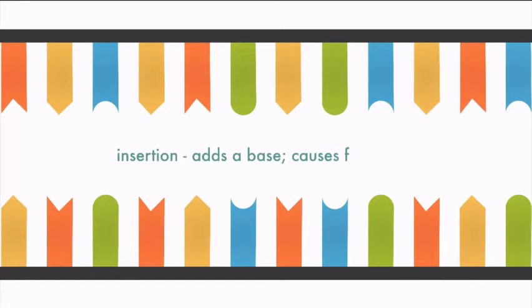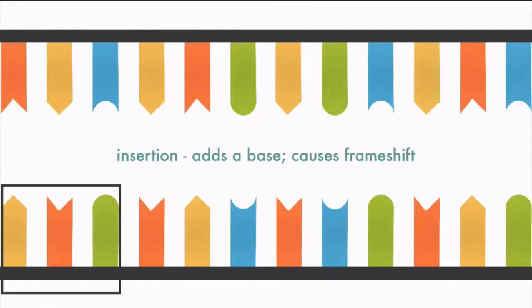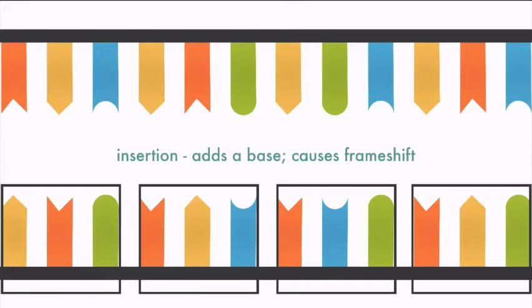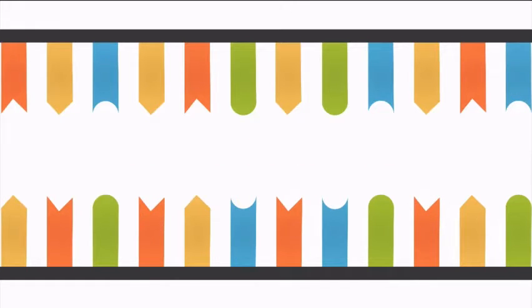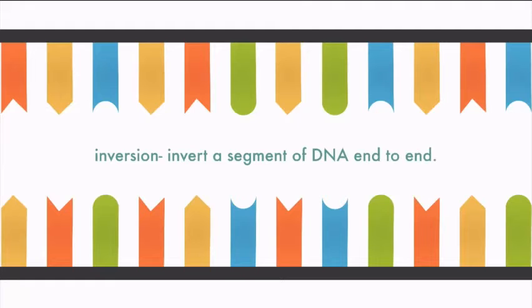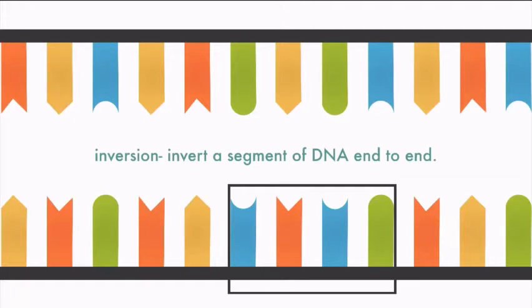An insertion adds a base, but also causes a frame shift, which changes every amino acid after the mutation. Originally, the codons would be formed in this pattern. But after the insertion, the amino acid sequence will change because the bases shift by 1. Again, the resulting protein will likely be non-functional. Lastly, an inversion will invert a segment of DNA end to end. Watch this section closely.